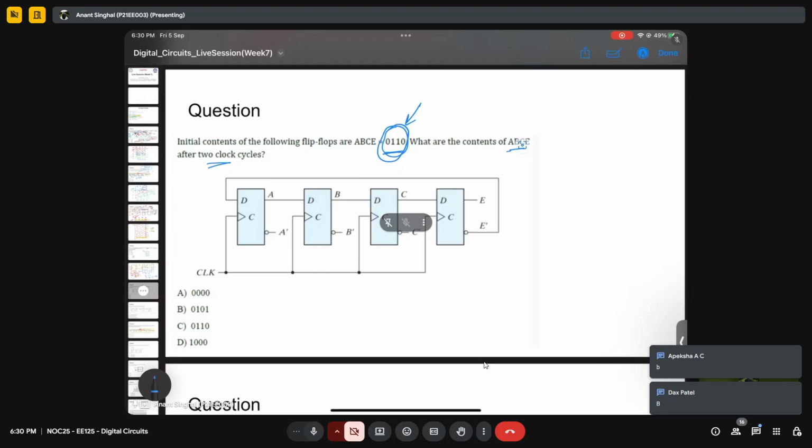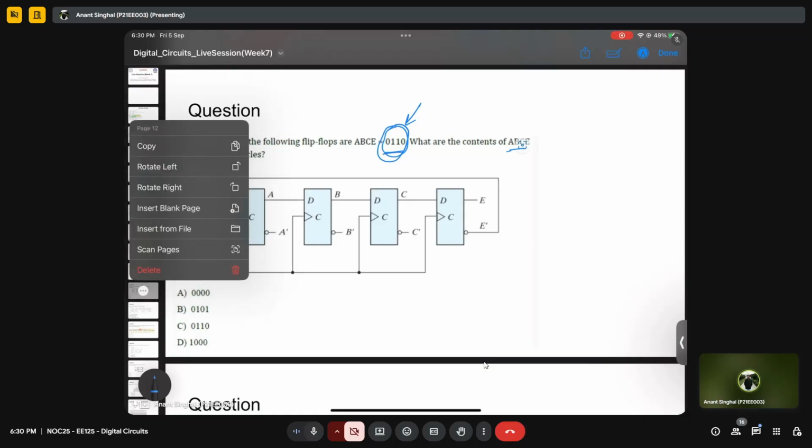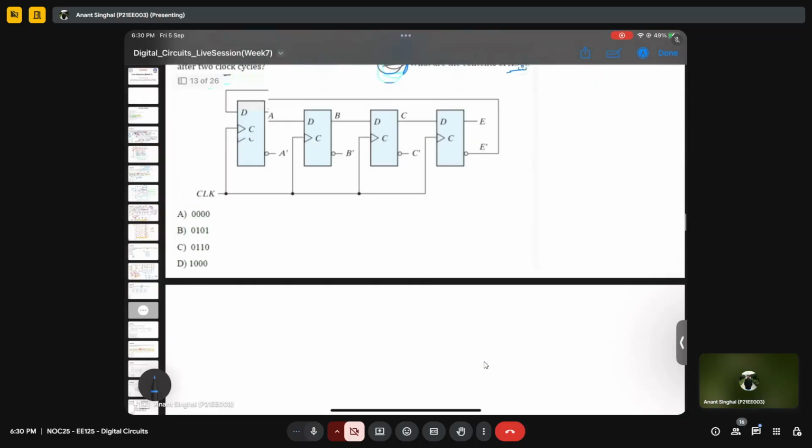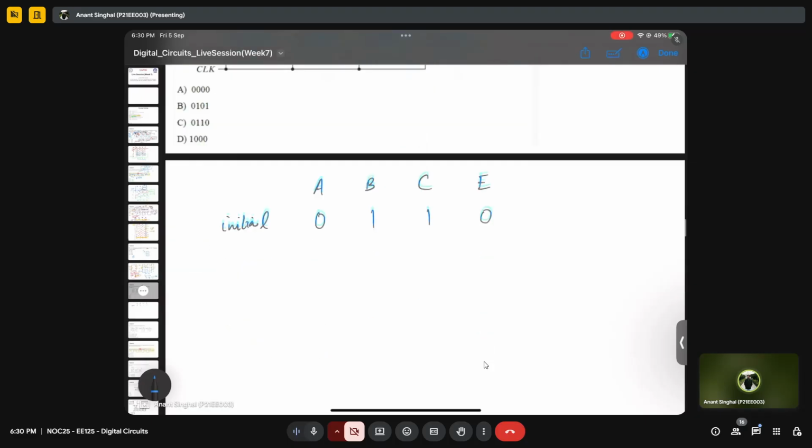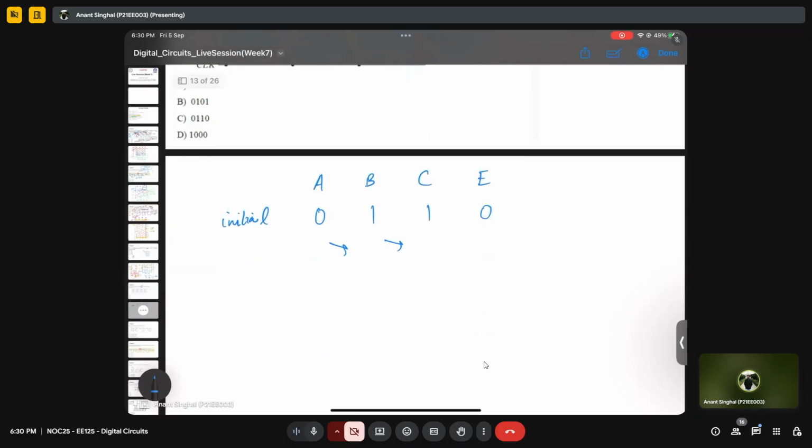We have got matching answers this time. All of you are saying B. So let's see quickly. It says the initial state of ABCE, without any clock, is 0 1 1 0. Again, it is shifting, and this is the first clock cycle.